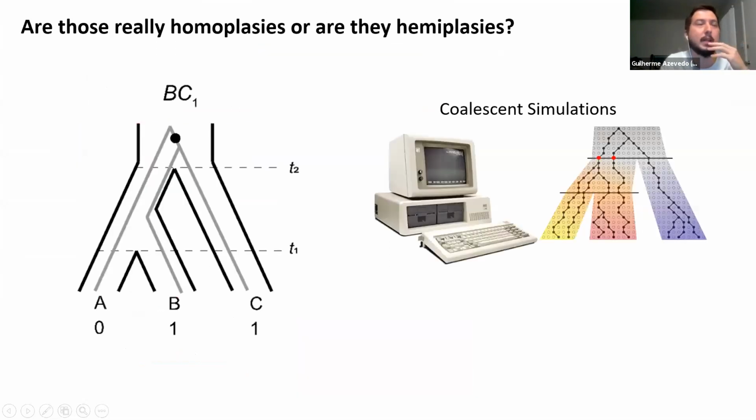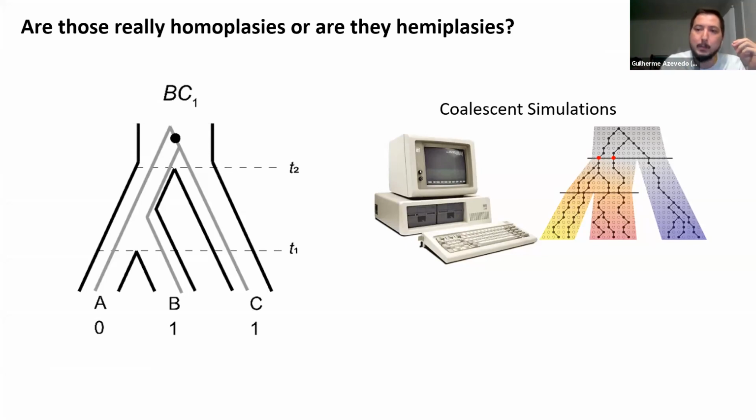But we also ask if those convergences are really convergences, really homoplasies, or if they are hemiplasies. So what is a hemiplasy? It's a deep homology that shows as if it were a homoplasy because of a deep ancestral polymorphism that was incompletely sorted in the population. So it's an incomplete lineage sorting of the genes related to the expression of those characters.